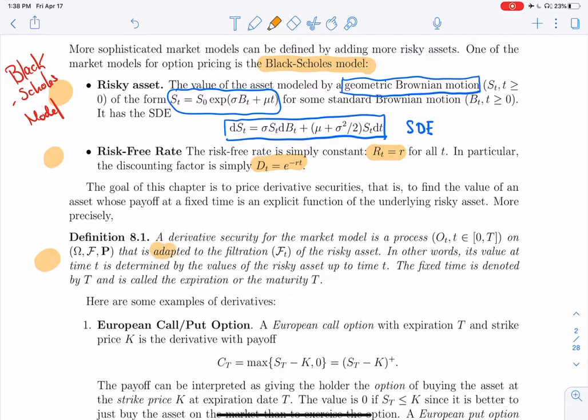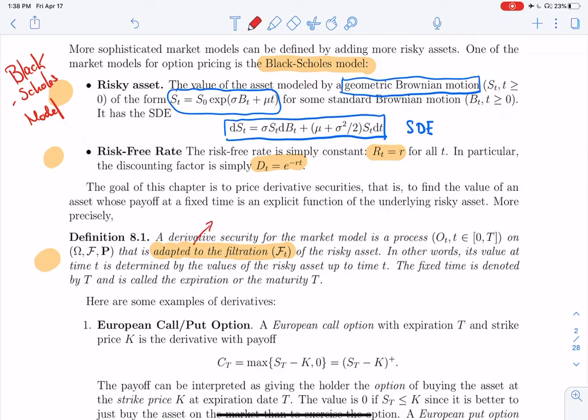That's the key point. Usually adapted, of course it's adapted, but here it has to be adapted to the filtration F_t. Remember, F_t is the filtration of the risky asset. So I know the information of the risky asset. So what does it mean to be adapted?